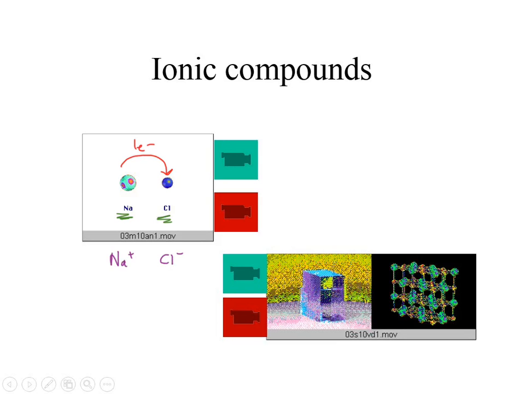This is just a little story that happens with your table salt. And then what happens is, unlike charges attract, that's exactly what happens. Basically, we have the sodium and the chlorine, and if I make this blue line my chemical bond, that dot, dot, dot right there is an ionic chemical bond.